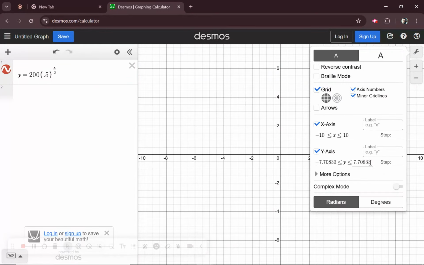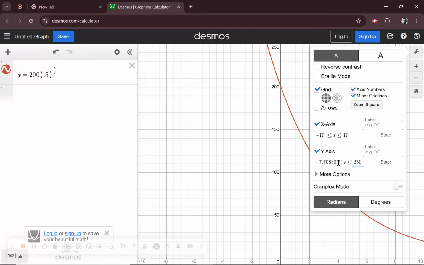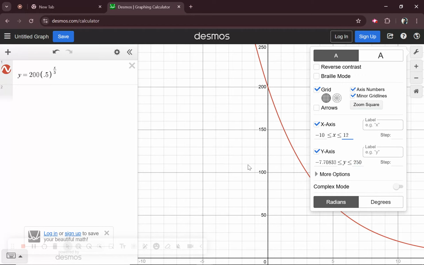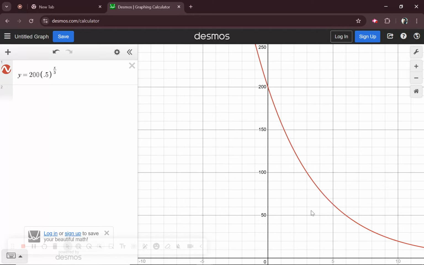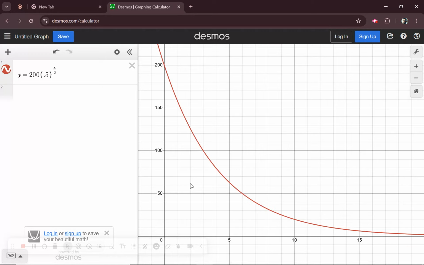What? I can't see it, Mr. Jennings. Well, get your axes right. Okay, so there we go. Now we can see the part of this function that we need, and we just go in and we say y equals 75.